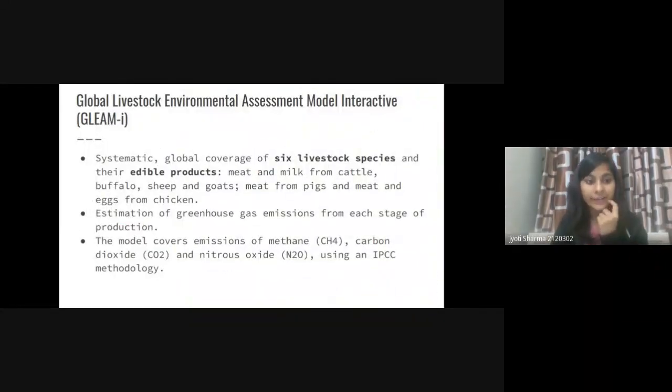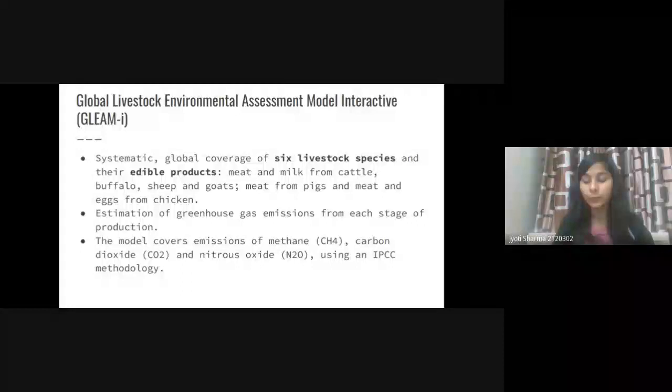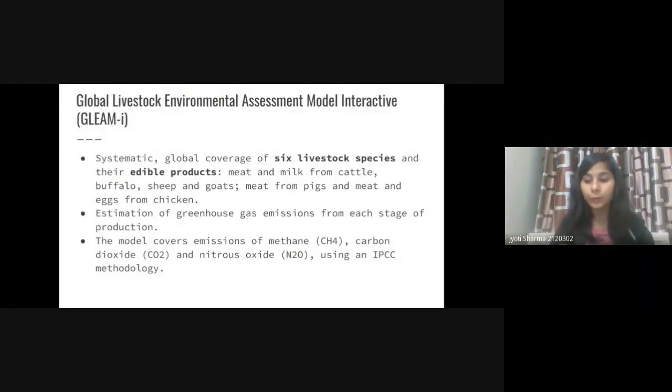I have one slide for GLEAM-i as well. In GLEAM-i, the input has global coverage of six livestock species, meaning you can't give the tool more than six livestock species, and these species are listed within the model. Then there is how much edible product they produce from that species, for example milk and meat, and even the emissions after consuming it.